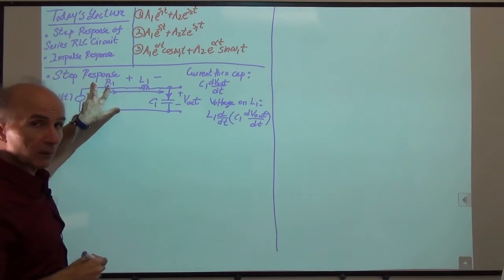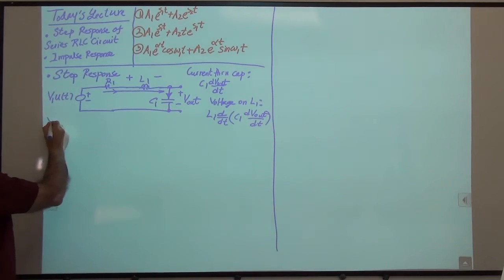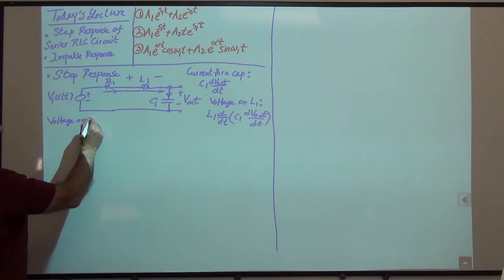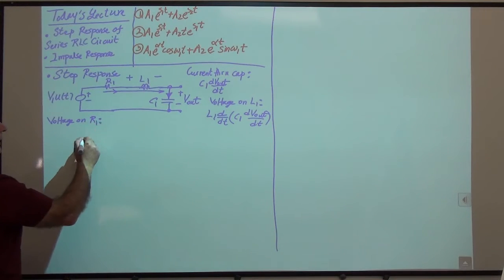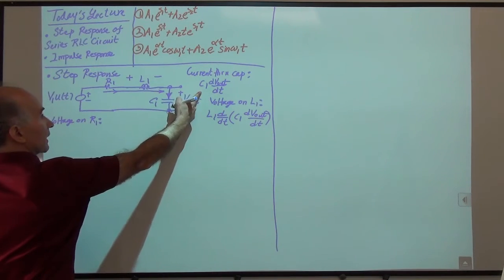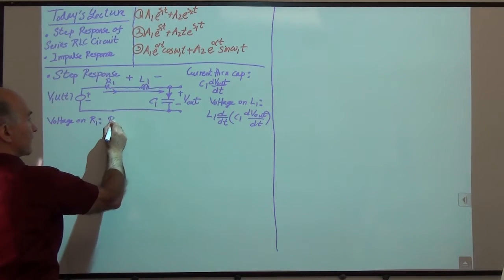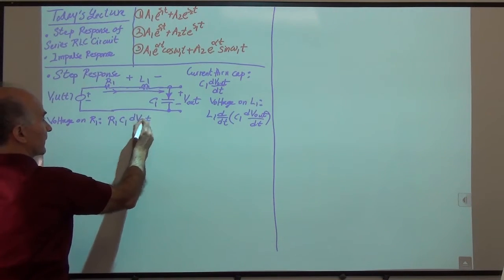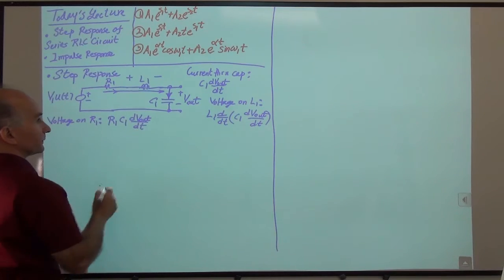And the voltage across R1 is given by the following. So voltage on R1 is given by the current, which is C1 dV out over dt, times the resistance, R1 C1 dV out over dt.